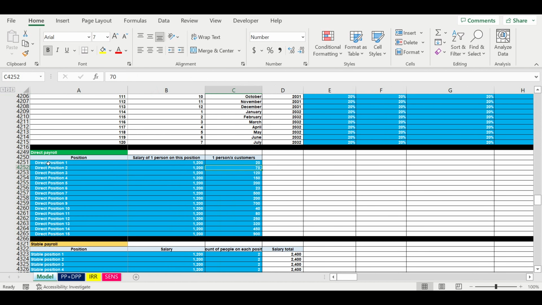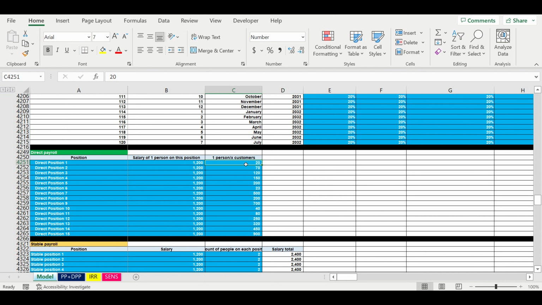So here we specify the person, the position that we need. Then we specify the salary of one person on this position, and then we specify the metrics, how many customers per one person on this position.